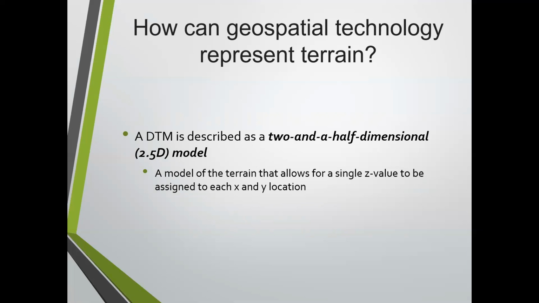But if you have a house at that point, you could have an elevation at the ground level where the foundation is, but you could also have another point elevation at, let's say, the top of the roof. That would be what we're calling a true 3-dimensional model, where the same XY location can have multiple Z values.